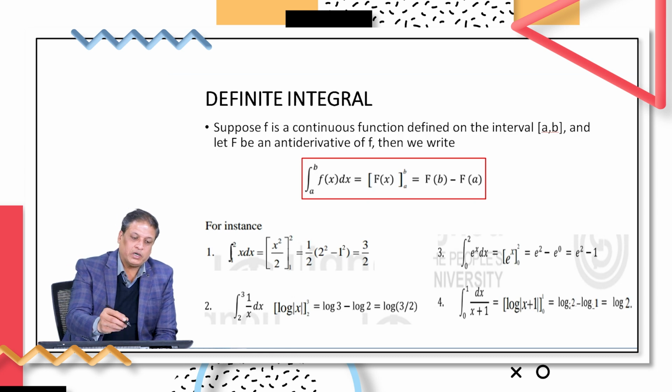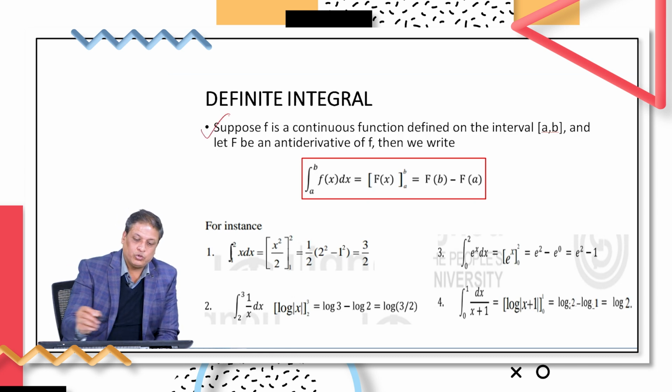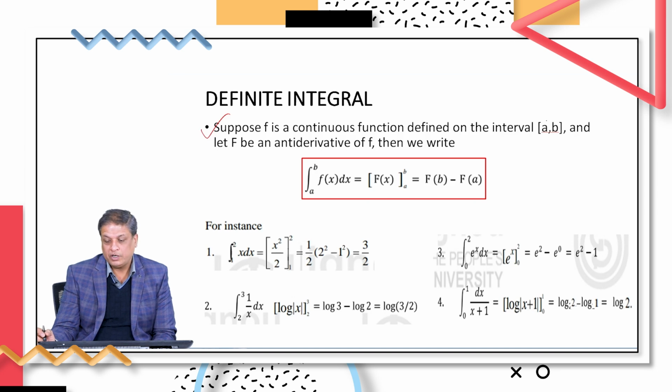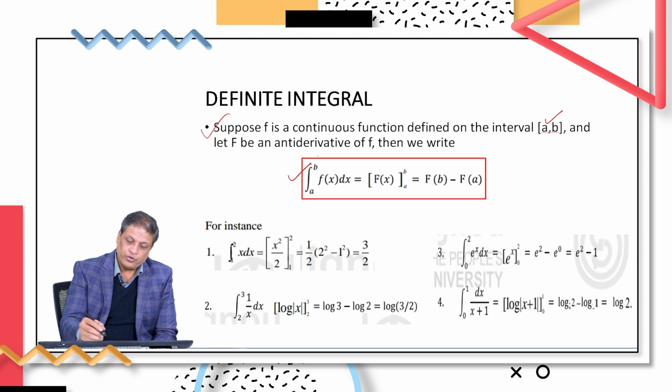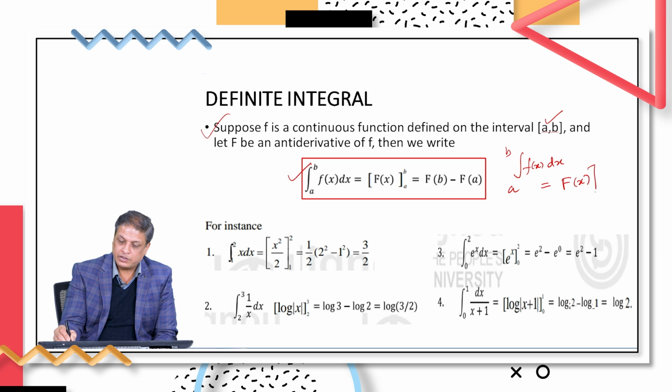So far as formal understanding is concerned, suppose f is a continuous function defined on an interval [a, b] and F is an antiderivative. We already learned that the antiderivative of f means the integral of f. So, you can always write that the integral from a to b of f(x) dx is equal to F(x) from a to b, that is F(b) minus F(a).